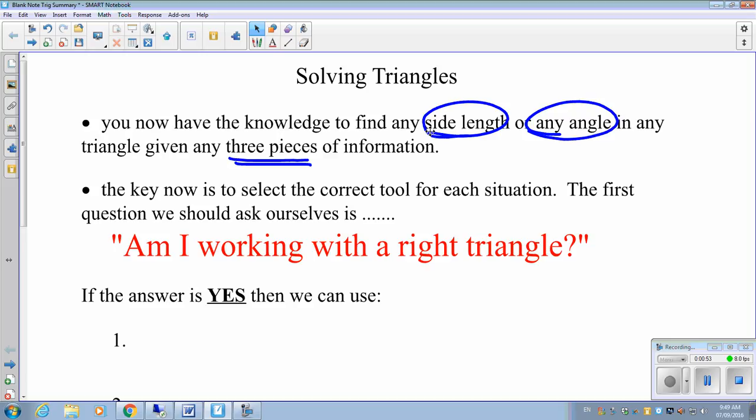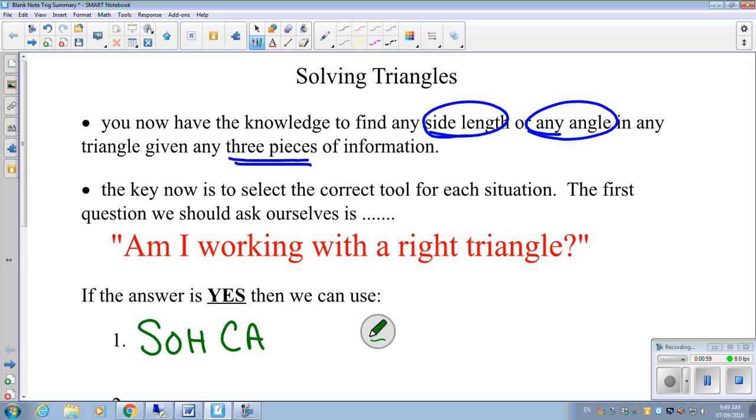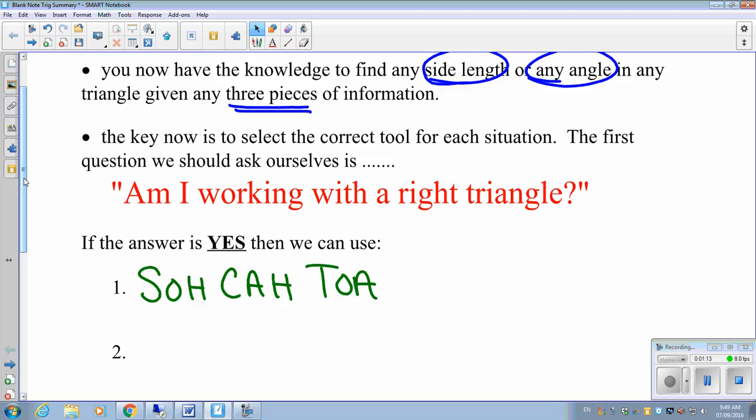First, the most obvious, if it's a right angle triangle, is our good old SOHCAHTOA: sine, cos, or tan. When we're using sine, cos, or tan, we're going to remember to choose the right one by labeling our triangle.